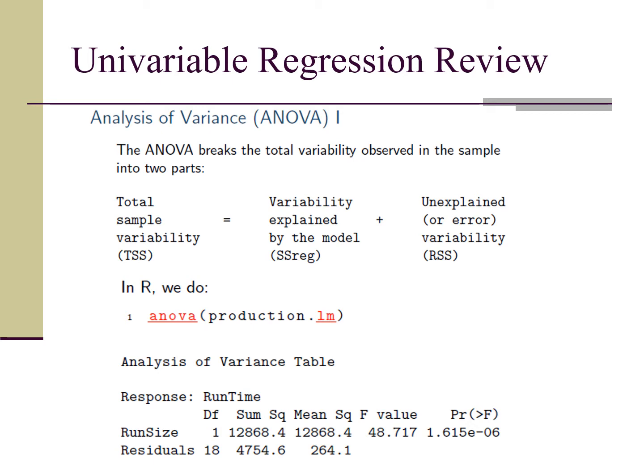And again, we have 1 degree of freedom associated with the variable run size, and 18 degrees of freedom associated with the residuals, an F value of 48, and the probability of getting a greater F value if there was in fact no statistically significant relationship between these variables is much less than 0.001. So we feel pretty confident about this, as we should.